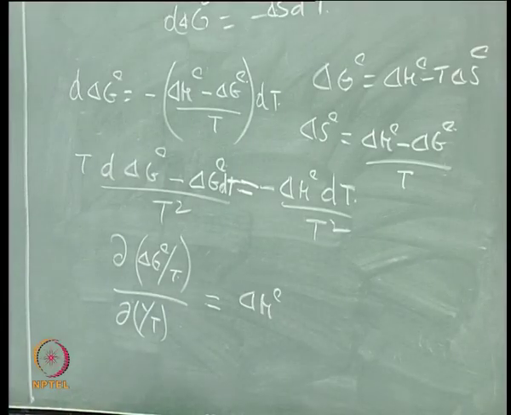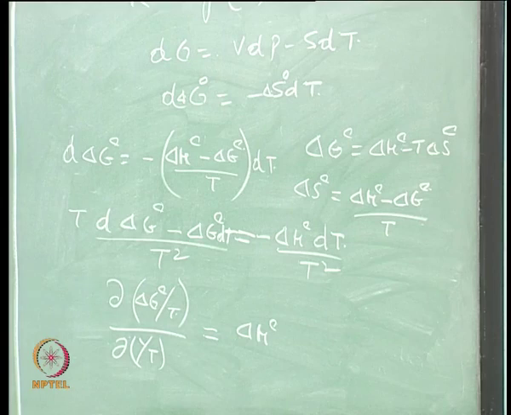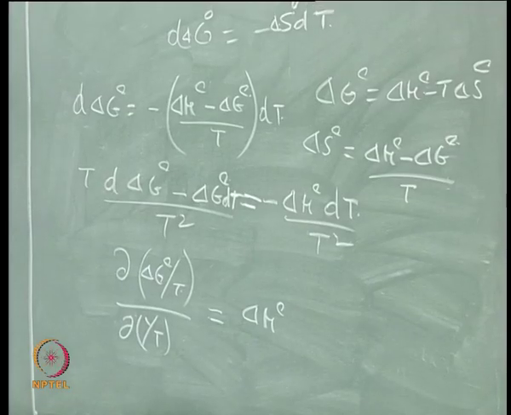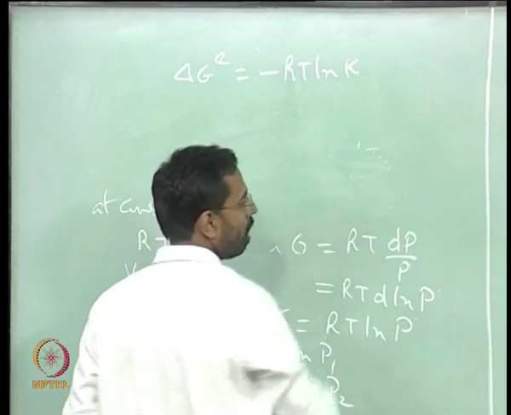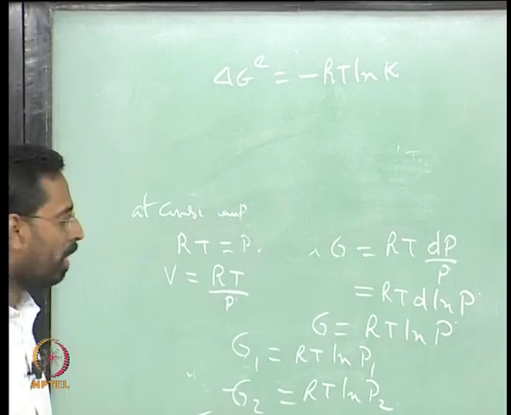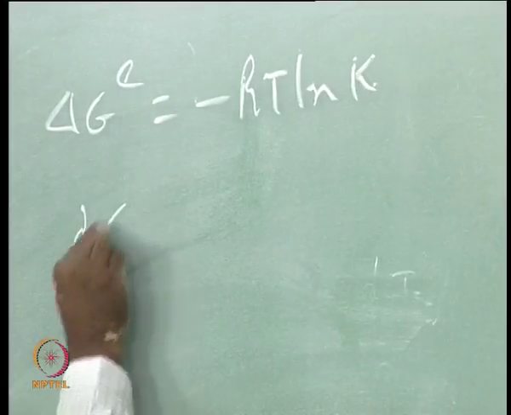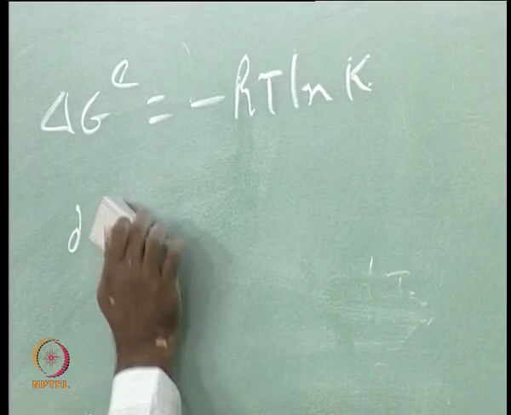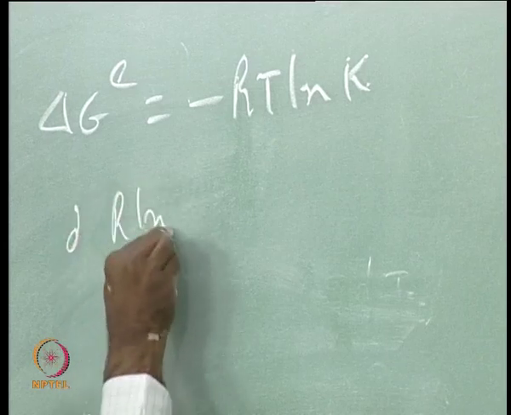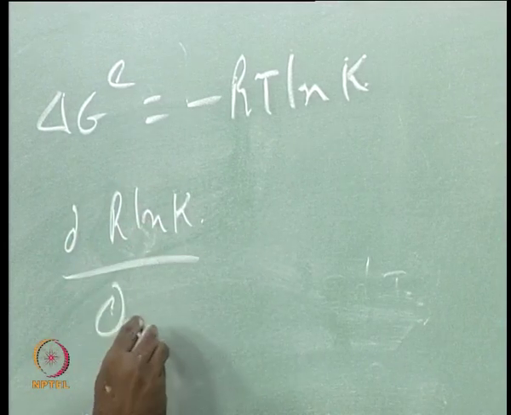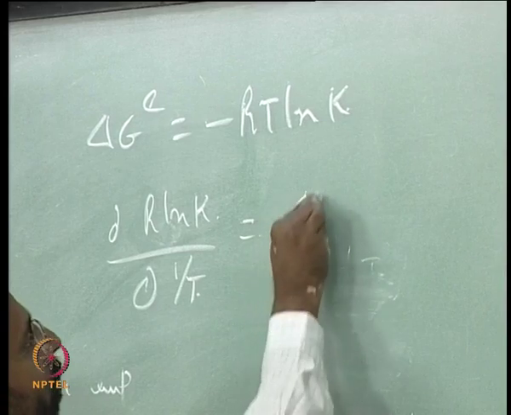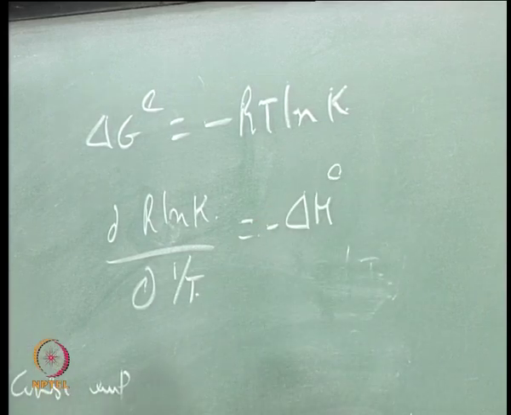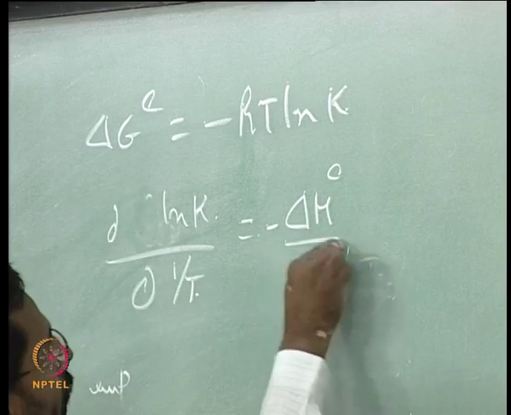You can do this exercise, and what comes out of this is, because we know delta G naught is actually minus RT ln K, if you put that into that, you will see that dou delta R ln K by dou of 1 by T is equal to delta H naught minus, and in principle this R can be brought out and R can come out here.